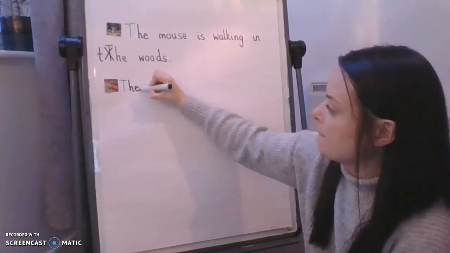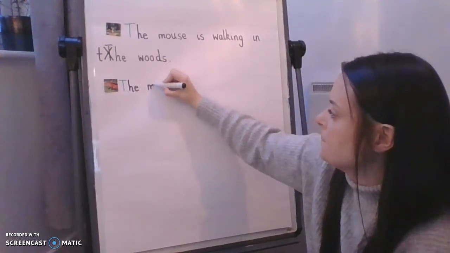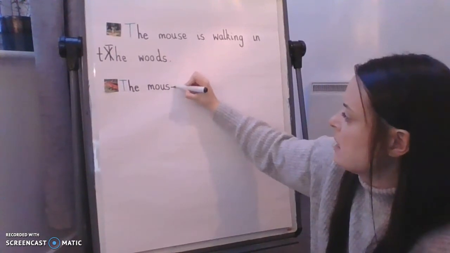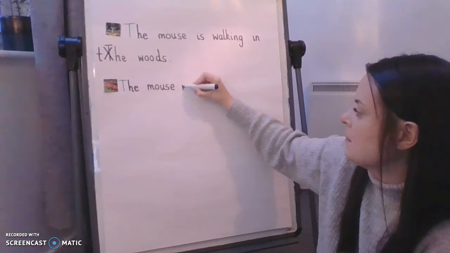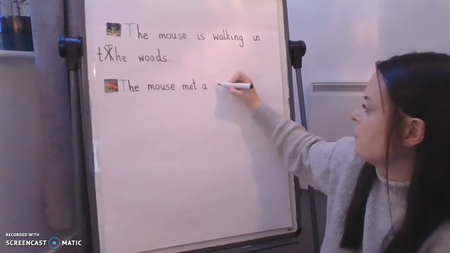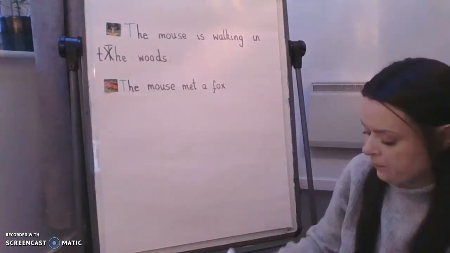The mouse. Now I know how to spell mouse now, so making sure all our letters are the same size, so it's nice and neat. The mouse met a fox. Fox.